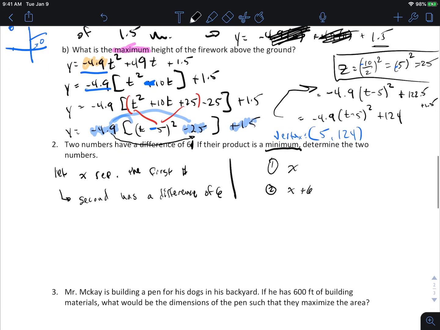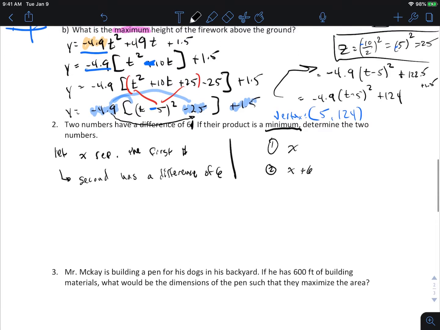So if I were to write this out, I'd have x multiplied by x plus 6. Okay, and then you're just going to do a distribution. That's going to turn into x squared plus 6x, right?